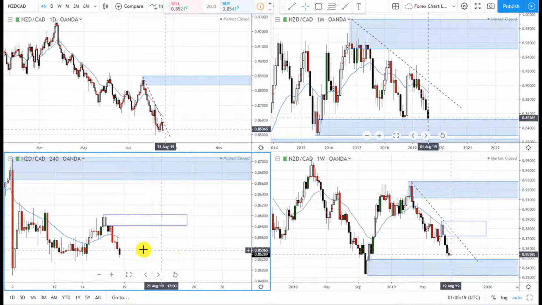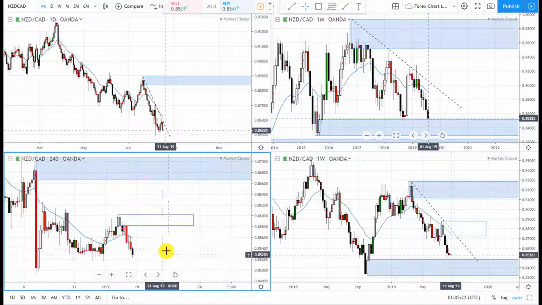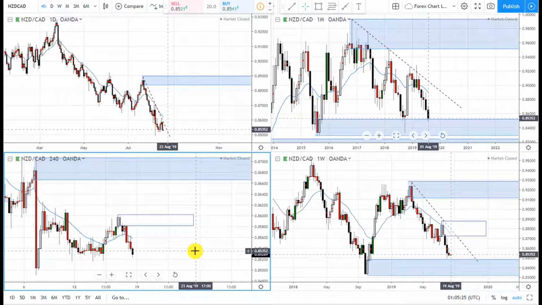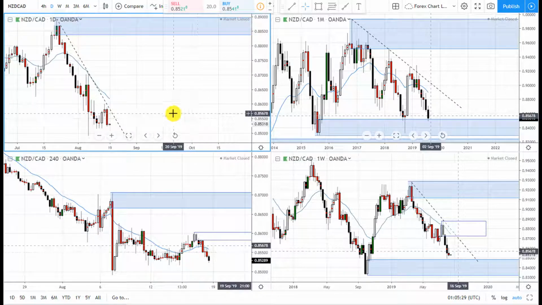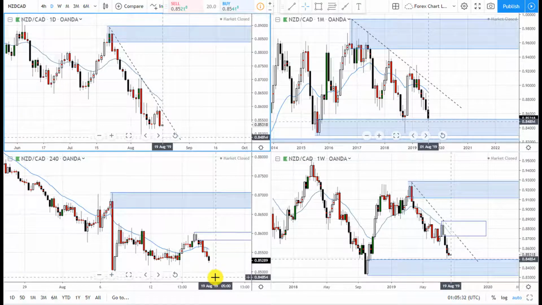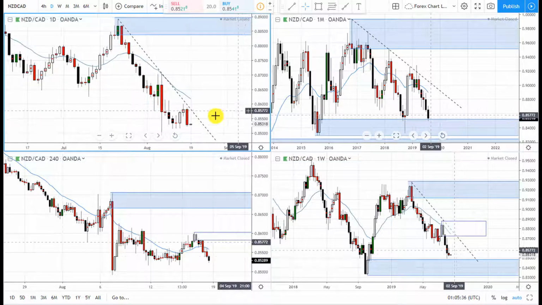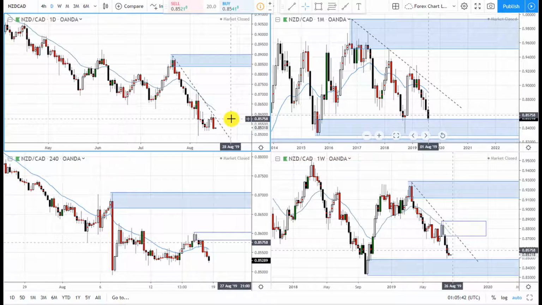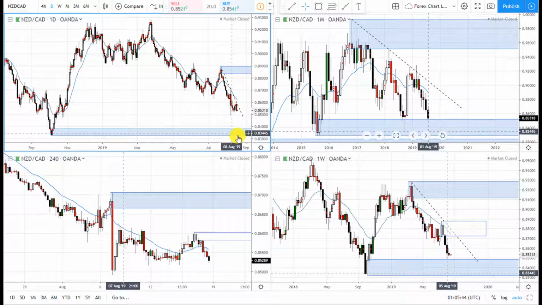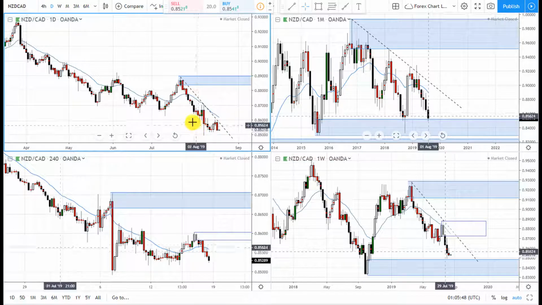So it's more than likely going to drop more, and this is going to continue to respect this trend line and drop more until it reaches this area of supply at least, or even deeper into this area of demand down here on the daily, before it's going to start to react to that zone and start moving up.